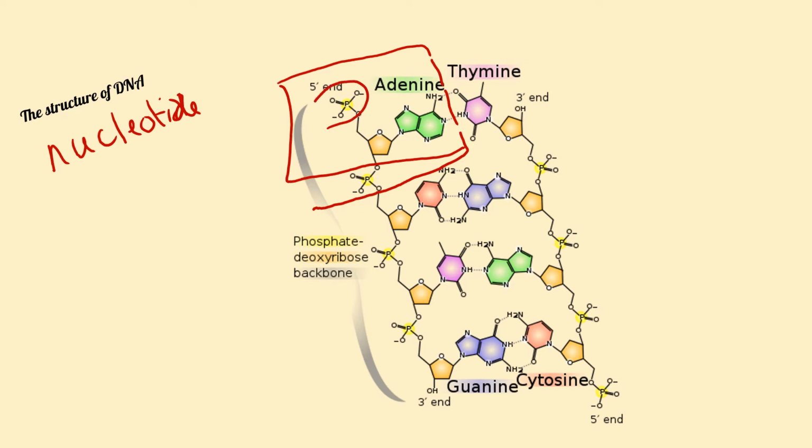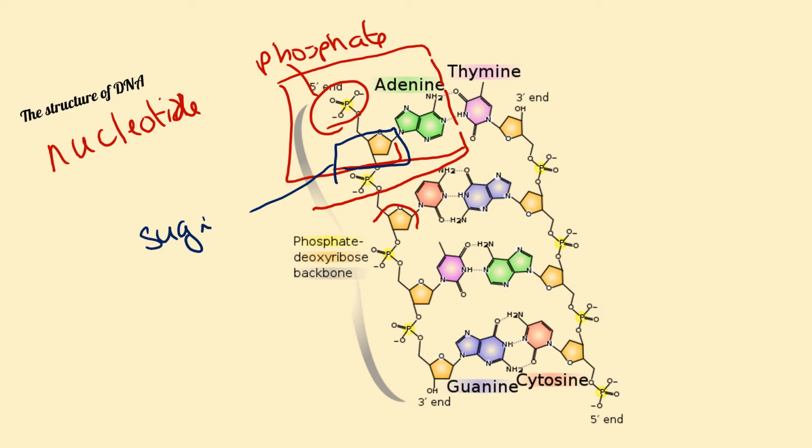We have phosphate. This is the phosphate end. Let's do this one. That is the sugar. And again, we're talking DNA, so it is deoxyribose.